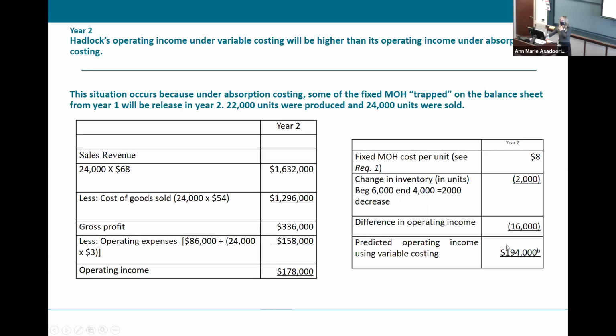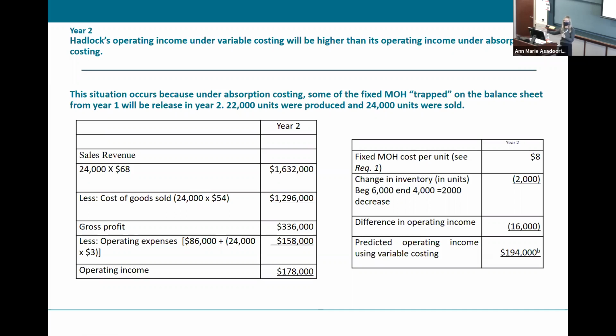And now I want to predict what my net income is going to be under variable costing. What I know is it's going to be higher, right? I also know when I did this income statement, I have fixed factory overhead that is getting released from another period, right? I'm selling 24,000 units. I only made 22. All of the rent that I had tied to those units are getting sold.